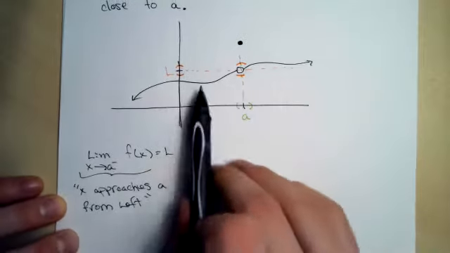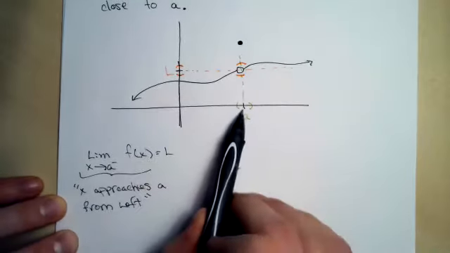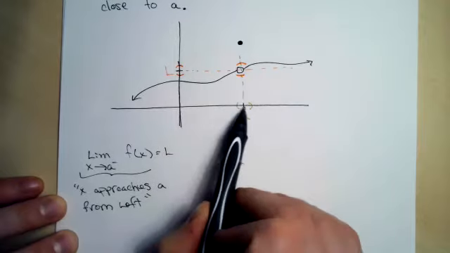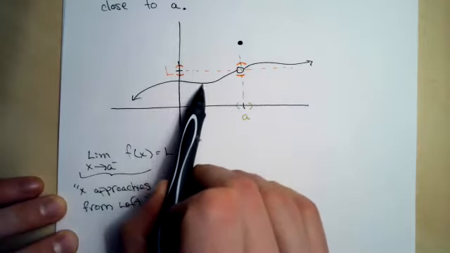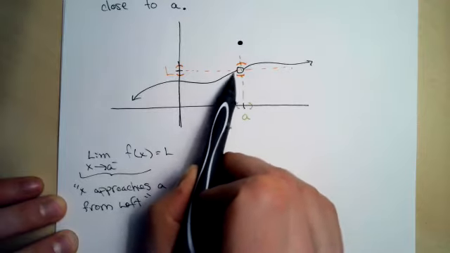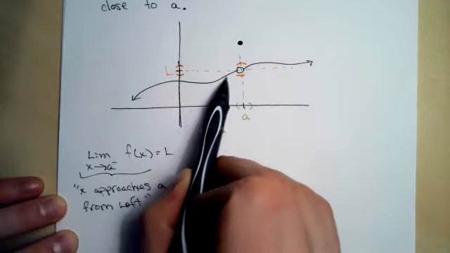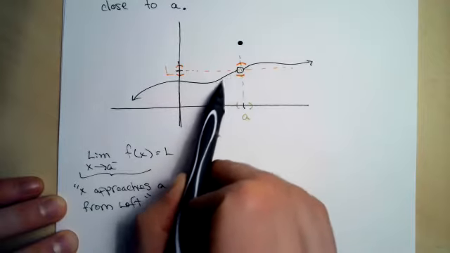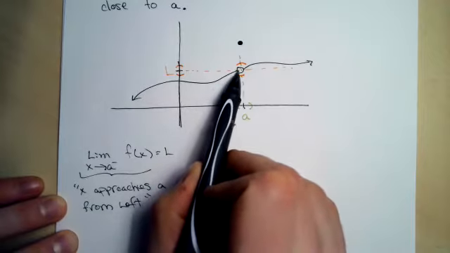What does this mean? If I'm tracing the curve from below a, I pick the x values below a, and I'm figuring out what the y values are doing as we get closer and closer to a. What's the y value we're hitting as we come in from the left?